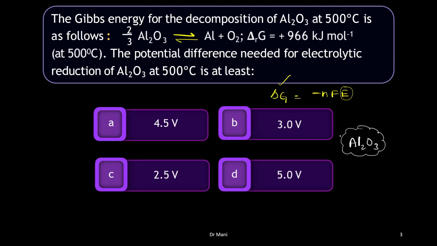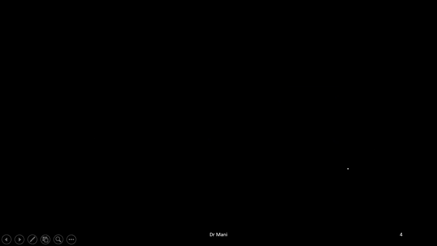Who wants to donate the electrons? Sir, O will oxidize. O always oxidizes. Aluminium wants to reduce. Yes or no? Yes.